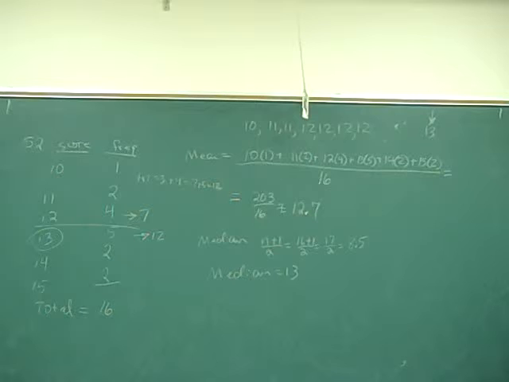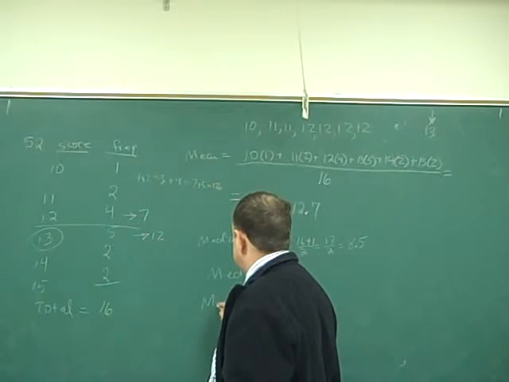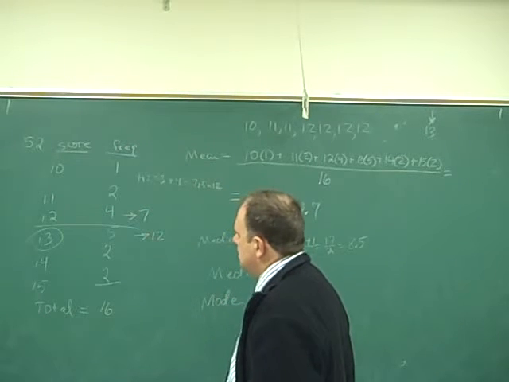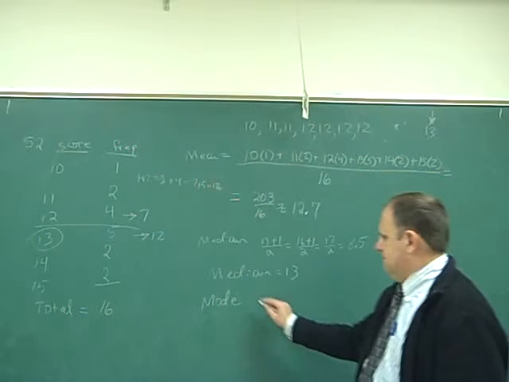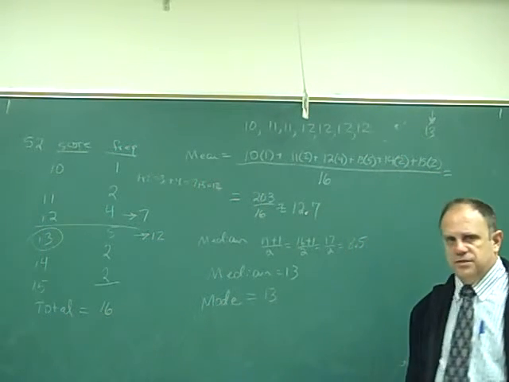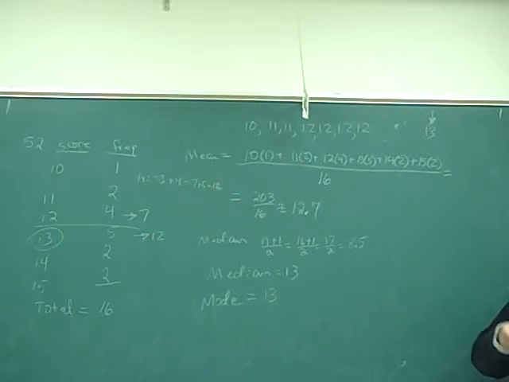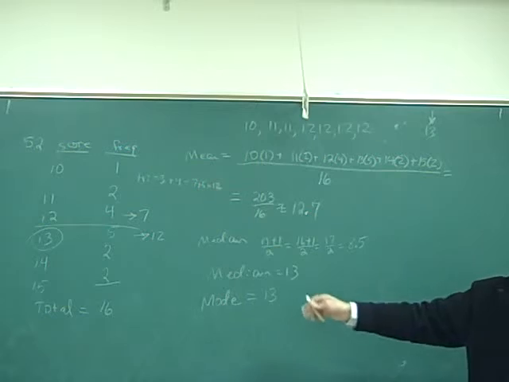Okay? Okay, mode. What's our mode? It's also 13, right? You're going to find that in measures of central tendency, a lot of times you're going to see the same numbers come up time and time again.